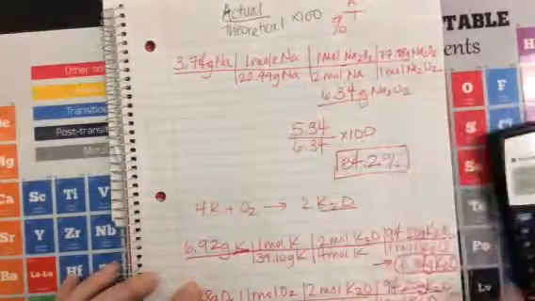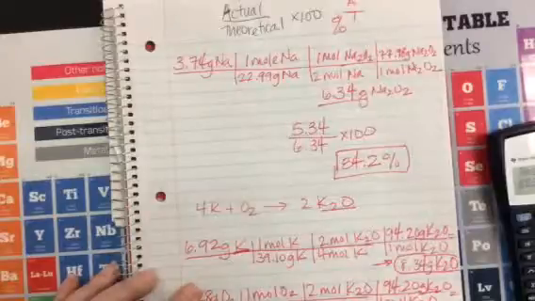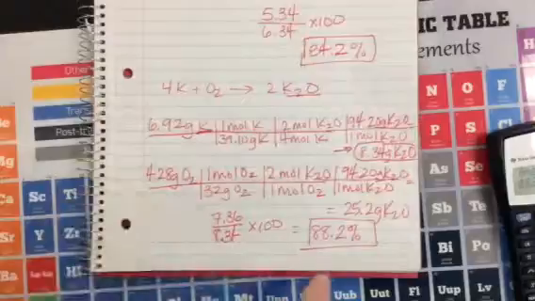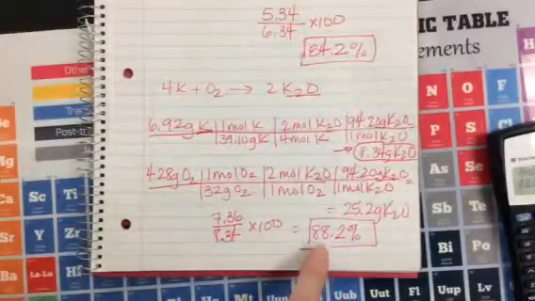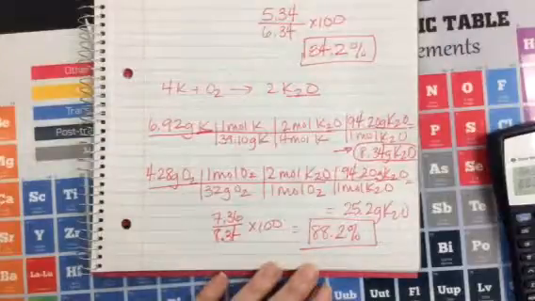So the closer that you are to a 100% yield, the better. These could go over 100% or under 100%, depending on whether they recover more or less of the product. So right here, both of these are actually pretty good percent yields.